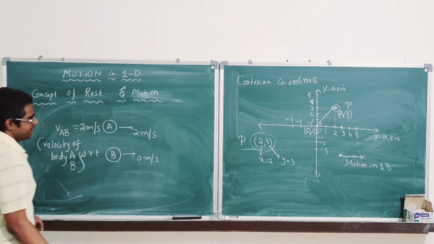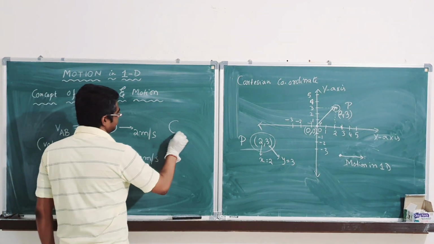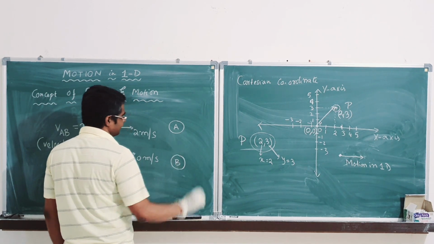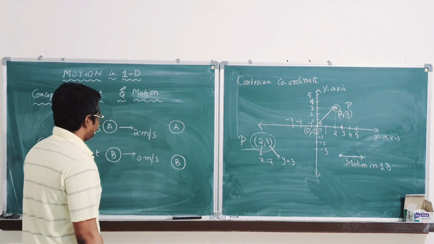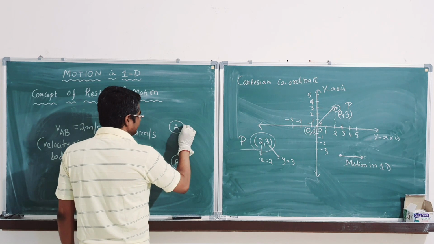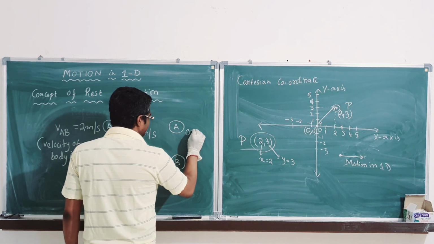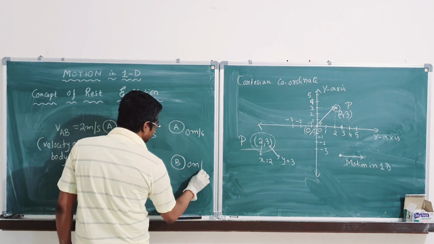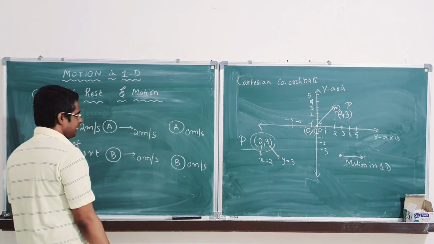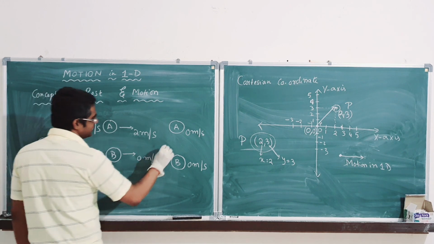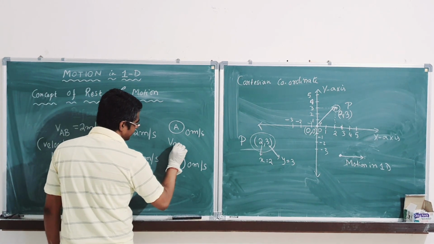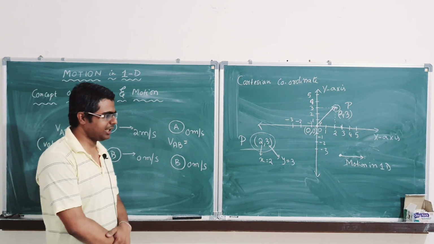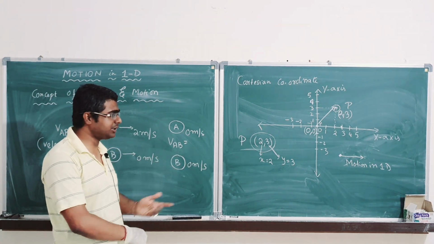Now let us take another example. This is body A, this is body B. Now body A is at 0 meter per second, and body B is also at 0 meter per second. Now calculate the same thing, what is VAB? You are again sitting on B and seeing A, but this time A is not moving.